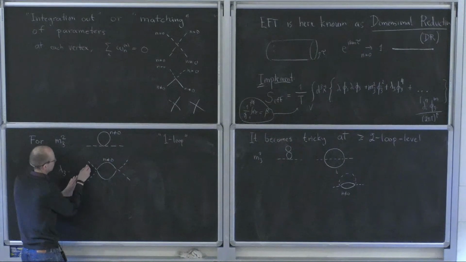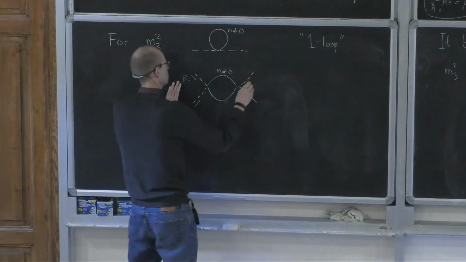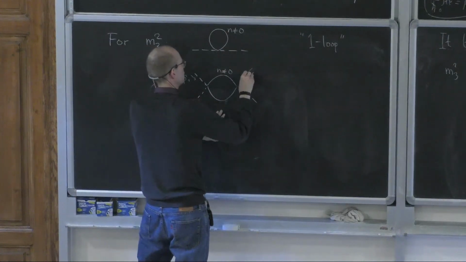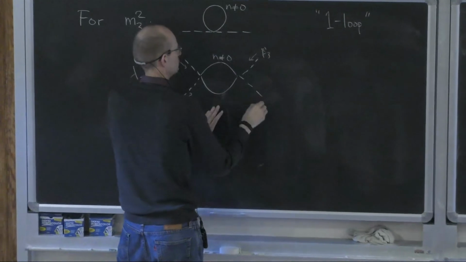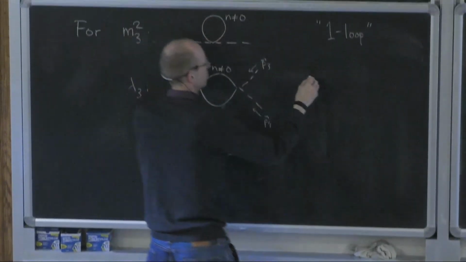I can put here some momenta, like P1, spatial momenta. The Matsubara zero modes still have spatial momenta. I can put spatial momenta there and here and here, and the total has to be conserved.